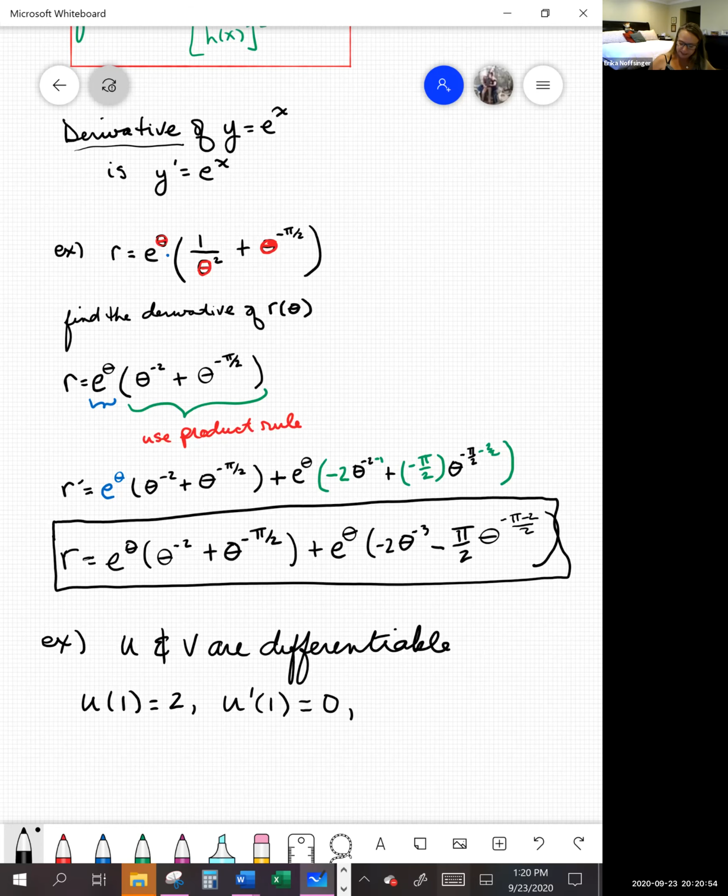They give you that v of 1 is equal to 5, and the derivative of v at 1 is equal to negative 1.